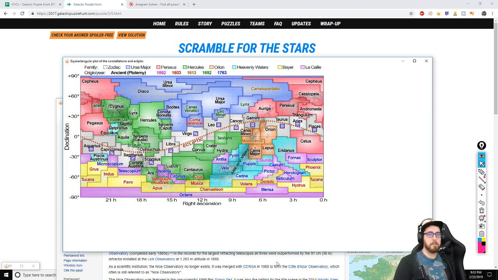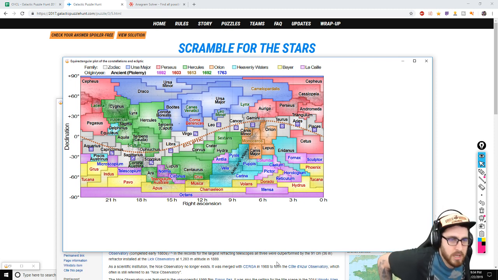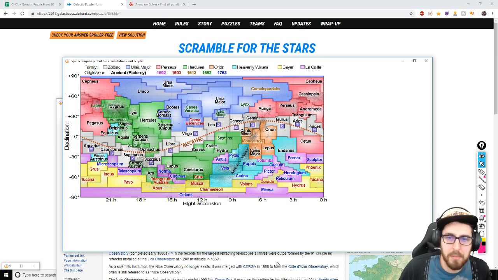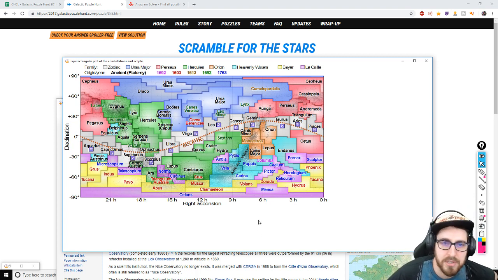Constellation map with borders. Andromeda and Perseus. So Andromeda, Cassiopeia, Triangulum, Pisces.